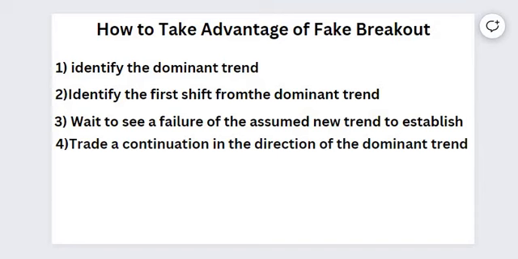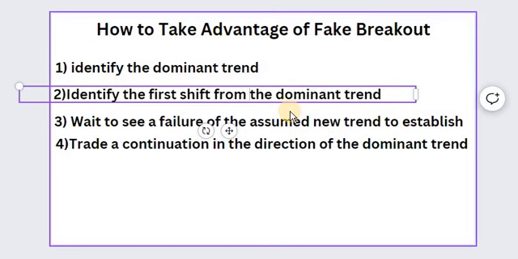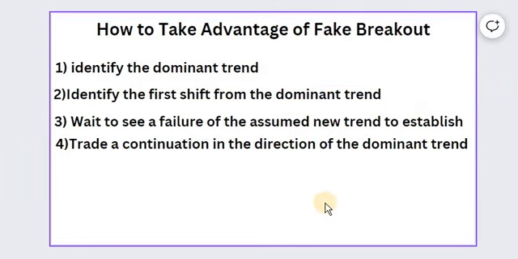When you identify the dominant trend, what you do next is identify the first shift from the dominant trend, meaning the first breakout from it. Say we have an upward trend line, and the market is moving between the upward resistance and the downward support. If the market breaks downward, we need to take note of that break downward. That's what I mean by identifying the first shift of the dominant trend.